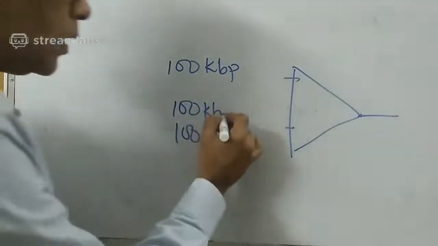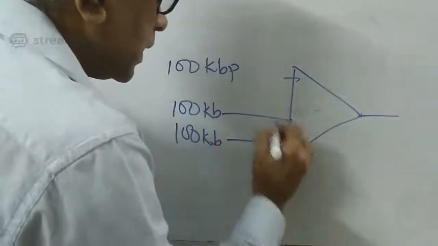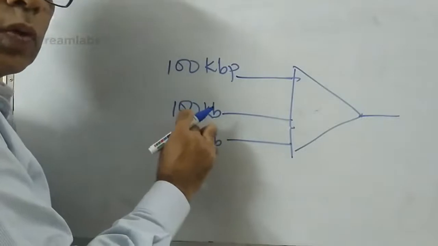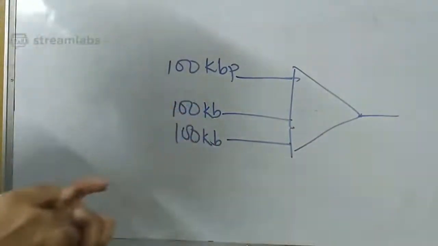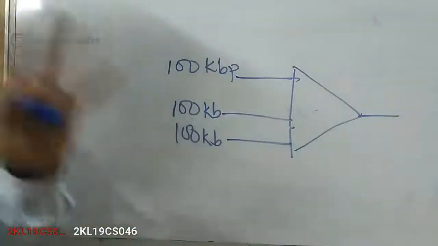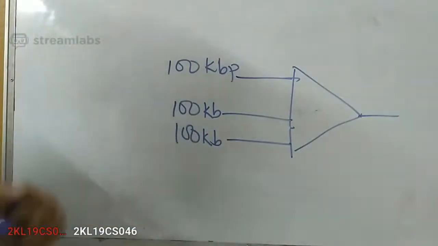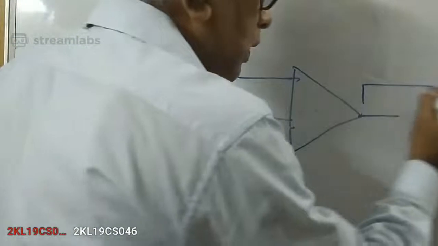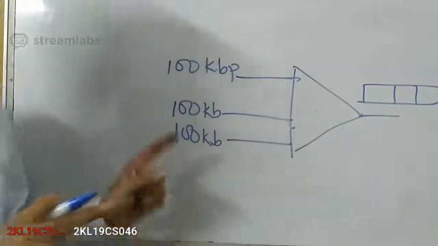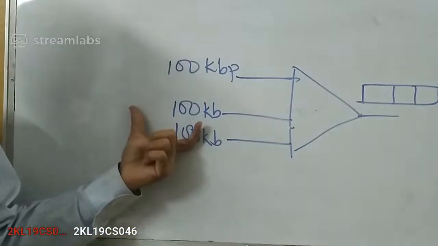Now I am going to club these two, and I will demultiplex the 200 kbps into 2. So practically speaking, what we are doing here is reserving multiple frames for the higher rate input.